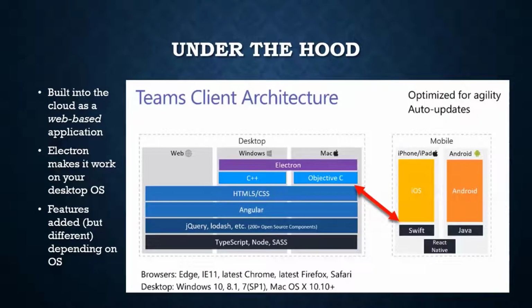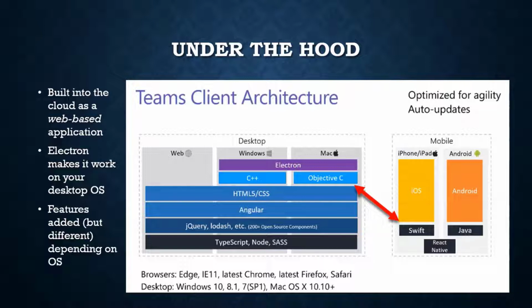Right. So if you take a look at the difference between how it works as a desktop application and how it works as a browser-based application, you can use it on your phone, you can use it on your tablet. It doesn't make any difference what kind of phone you use, Apple or Android, right?